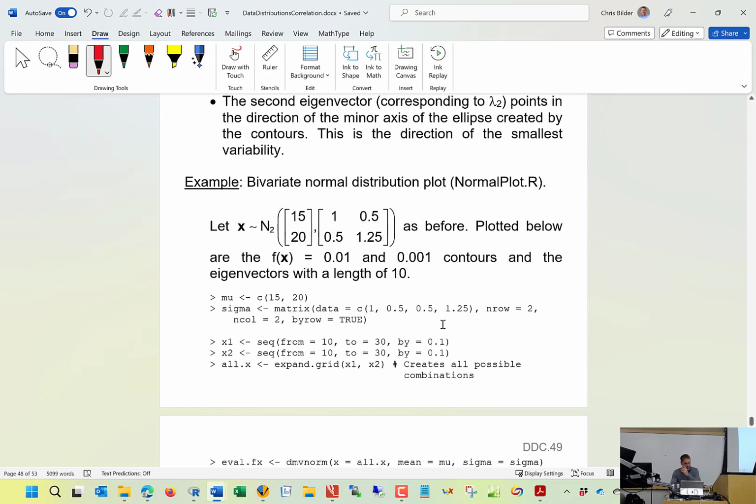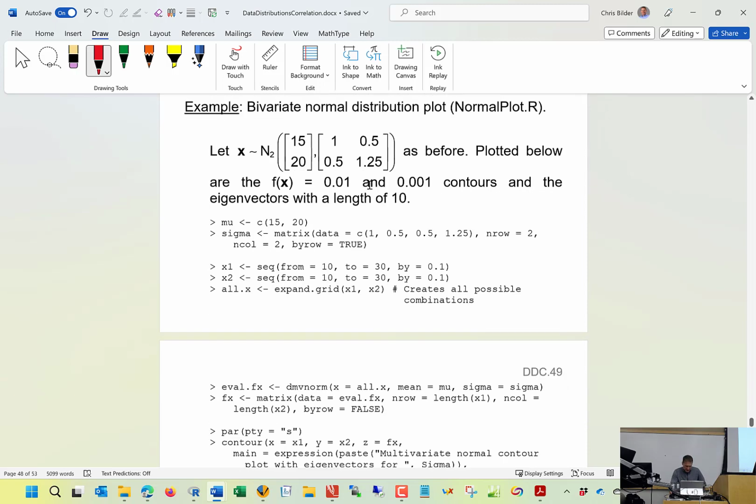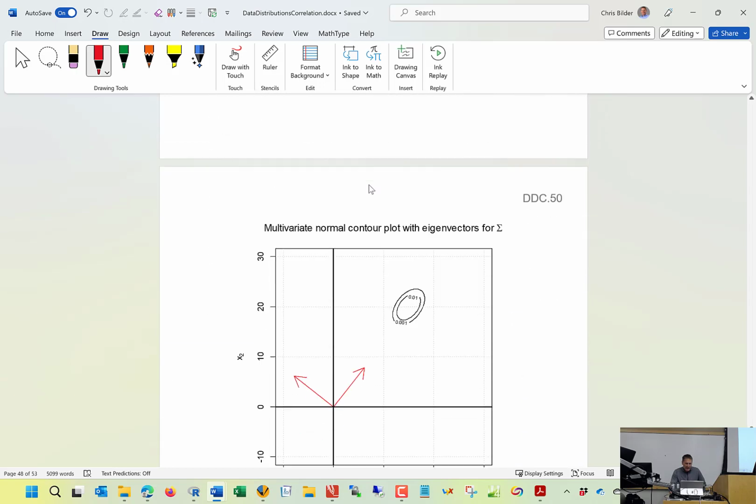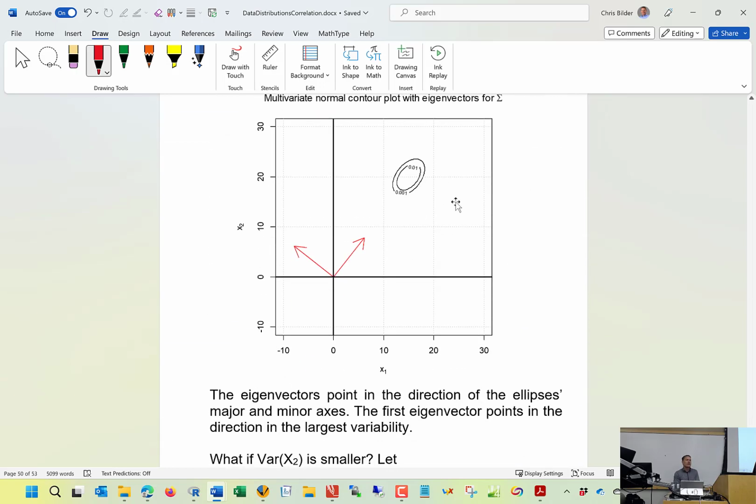To help demonstrate that, let's go back to this bivariate normal distribution again. I did a plot of the ellipse, a contour plot for the normal distribution. One thing I did differently from before is I changed the x-axis and y-axis limits so that I had a little more room to plot the corresponding eigenvectors.